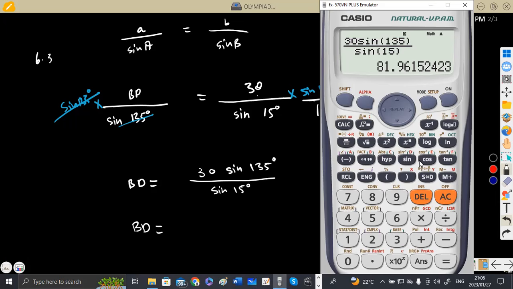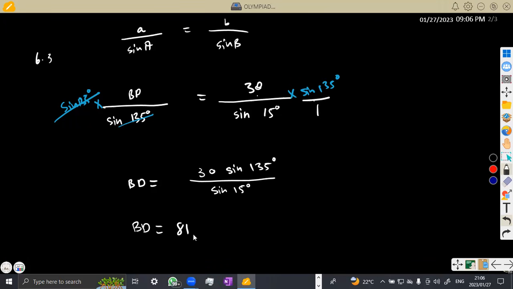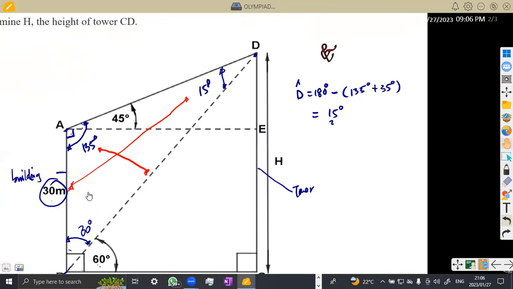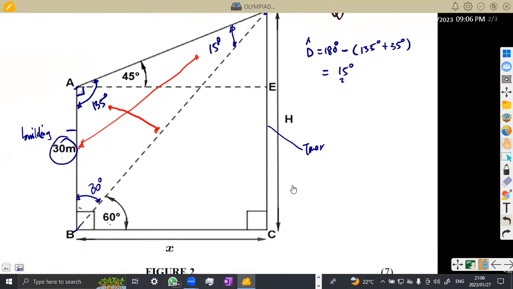You can write it as a decimal, which is 81.962 meters. The distance is written in meters, from the one that we were given on the diagram, that was 30 meters. So that's what we know so far.